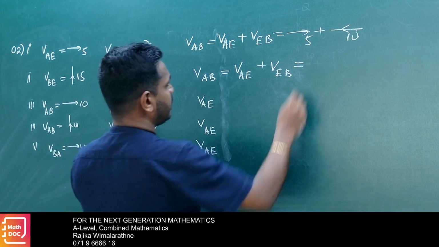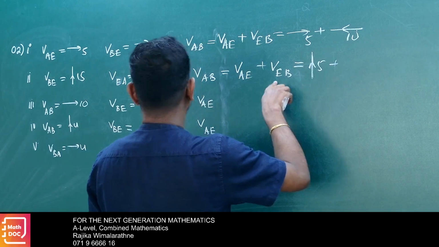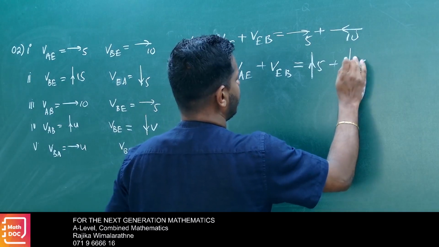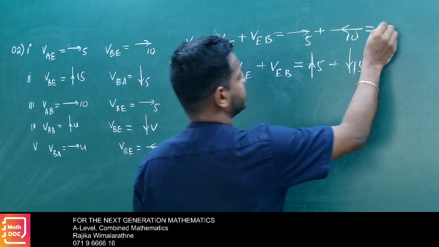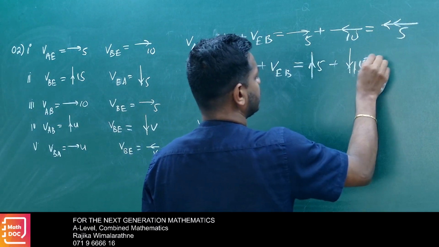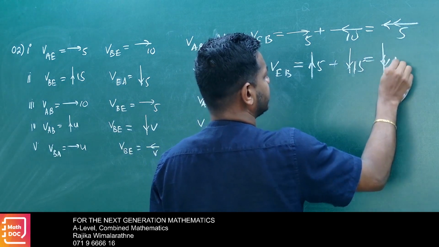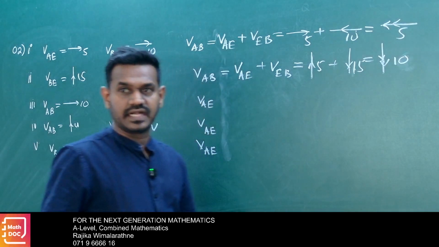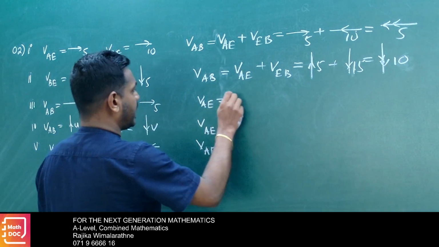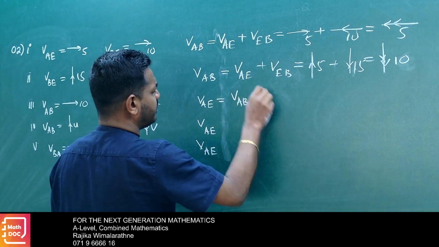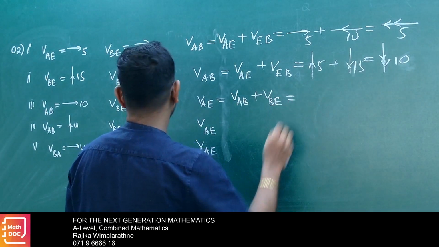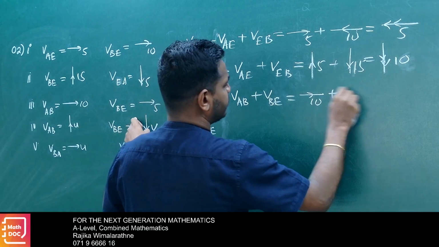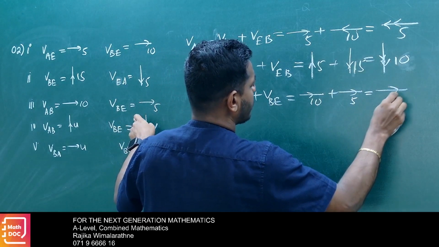Here EA upward 5, EB downward 15. Here the resultant 5. Here the resultant 15, 10. Resultant 10. Here AE, AB, BE. AB 10, BE 5. 15.